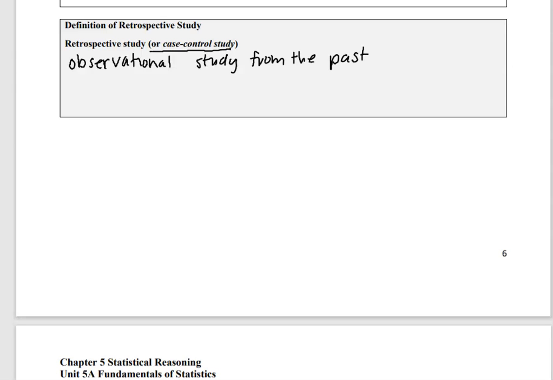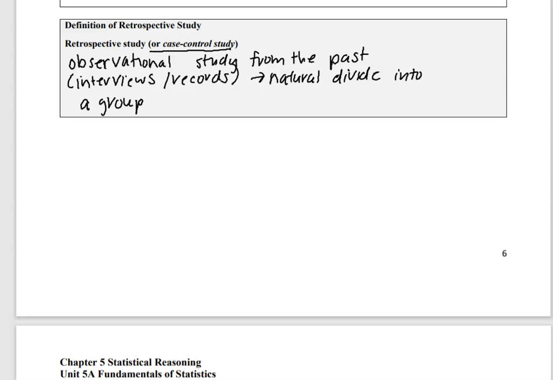It could involve interviews or maybe even records that somebody looked up in the past, in which the sample naturally divides into a group of cases who engaged in the behavior under study and a group who didn't. So it's going to naturally divide into a group basically who participated and who didn't.